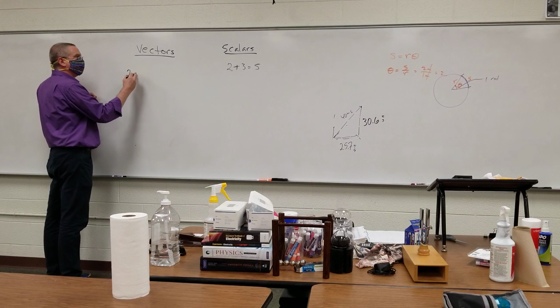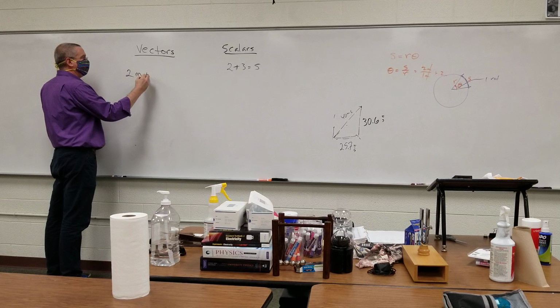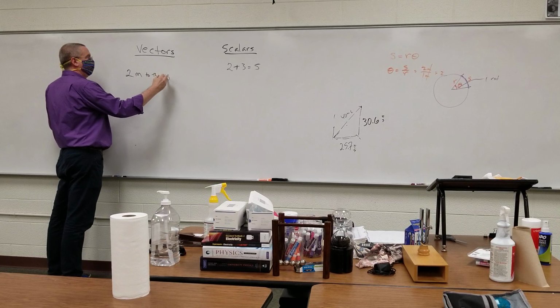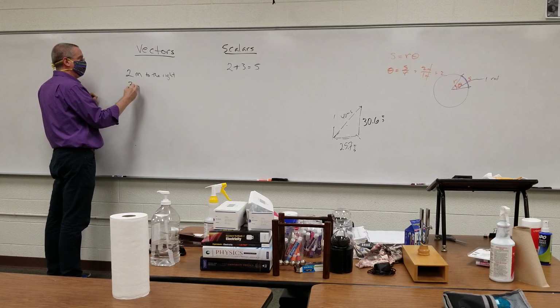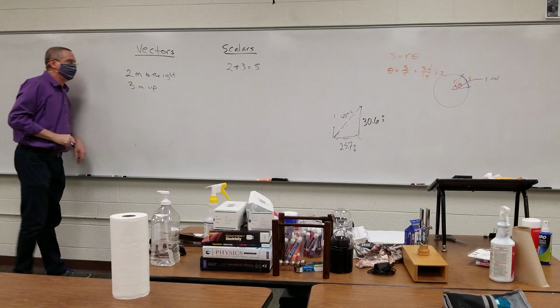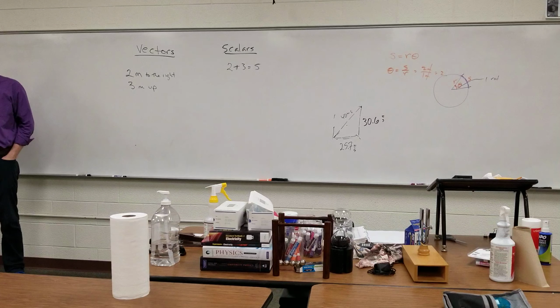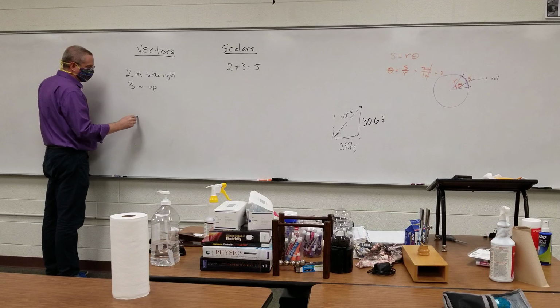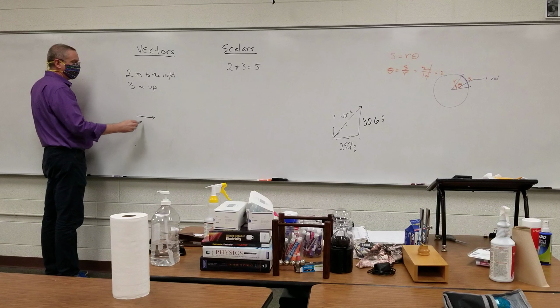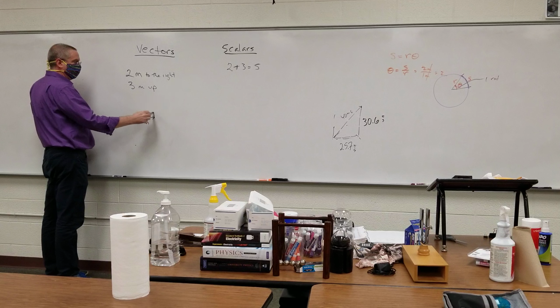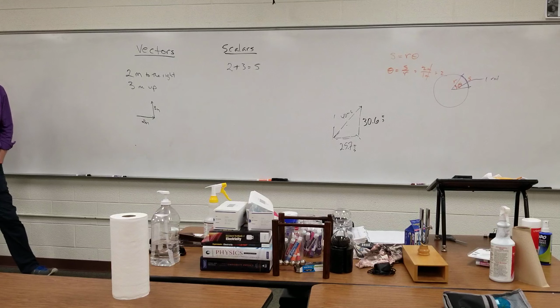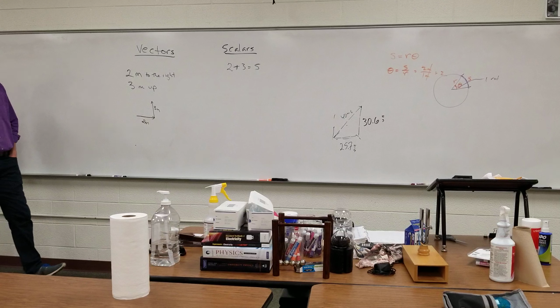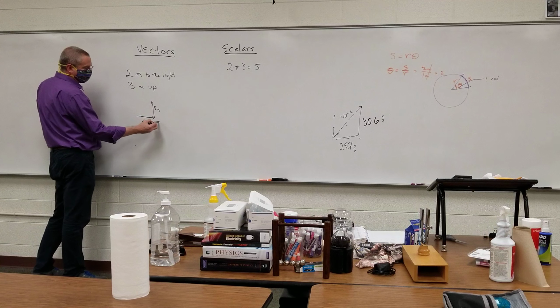If I take something that is 2 meters to the right and 3 meters up, those are 2 different vectors here, and they need to take the direction into account. So if I go 2 meters to the right, and I go 3 meters up, this is how you add vectors graphically, at least. This is known as the head to tail method.